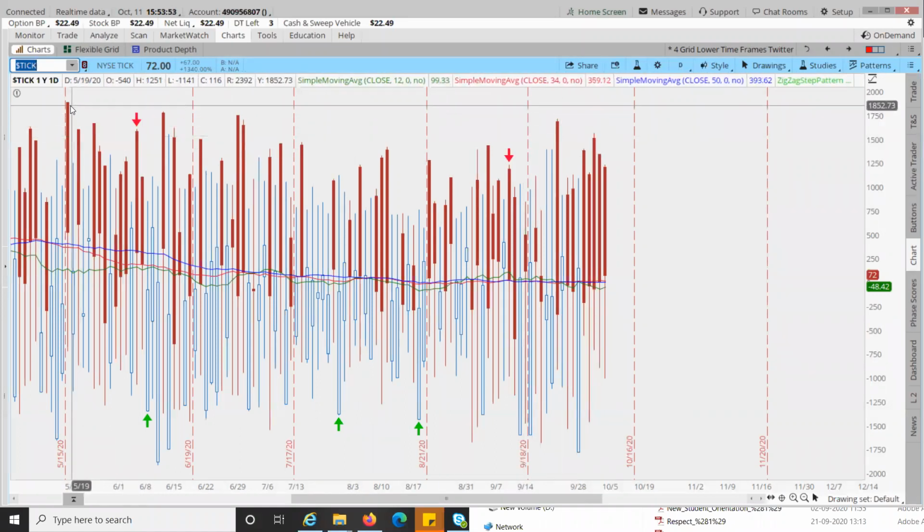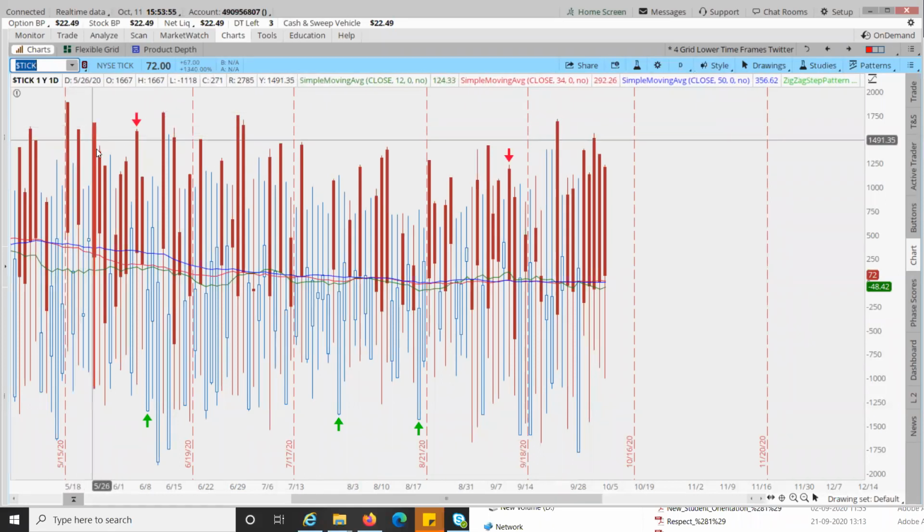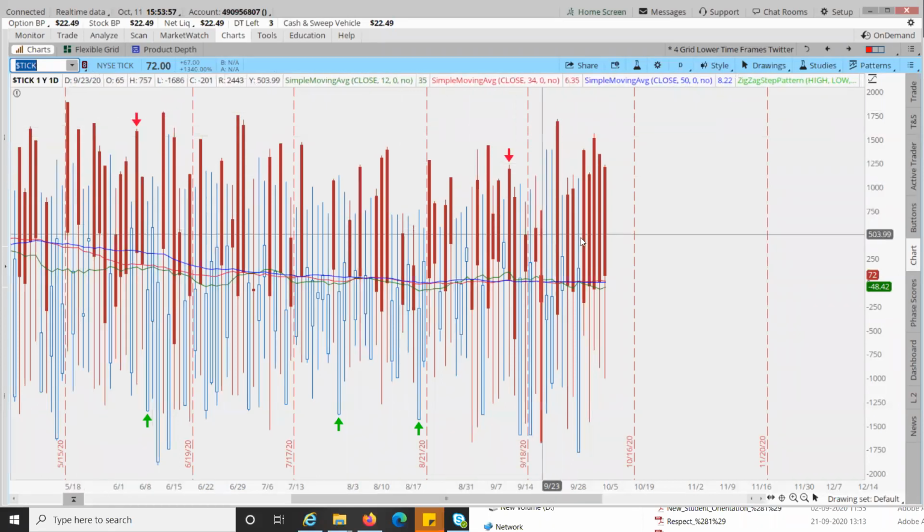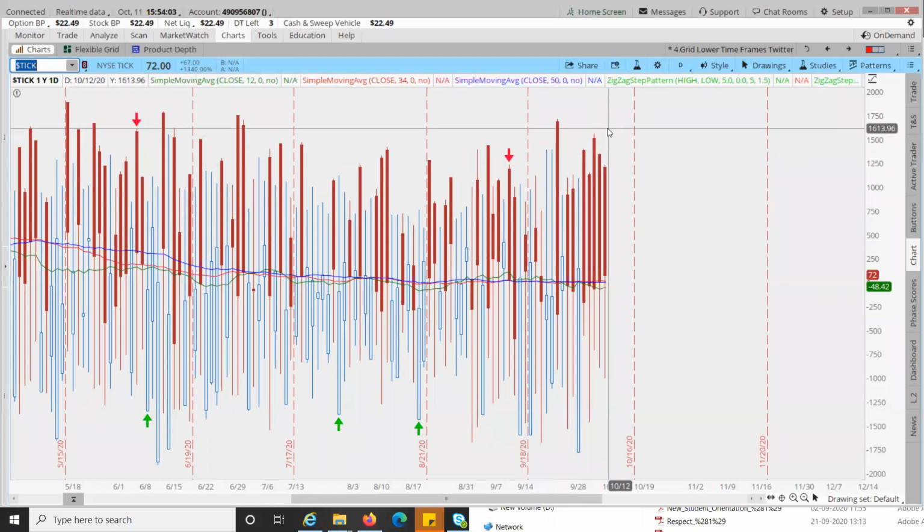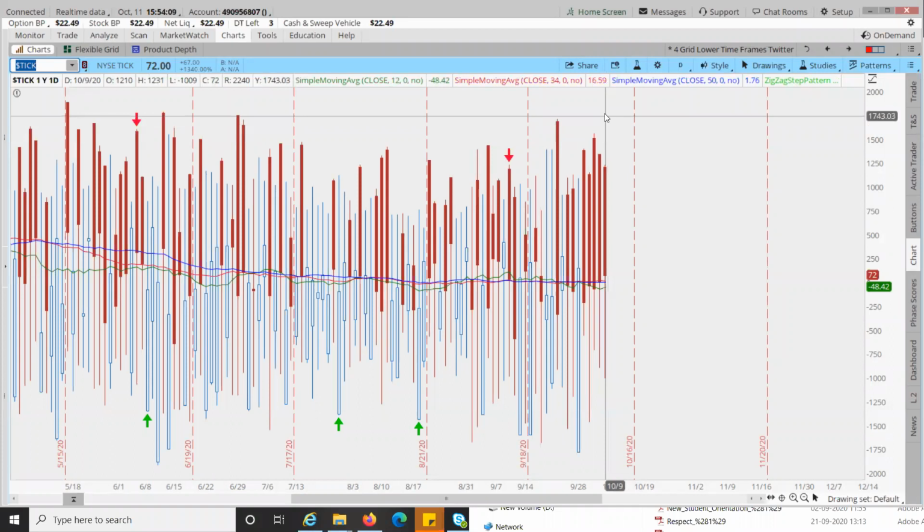Look here: every time it goes up, it has a tendency to go down. So it's a range. Right now you can buy here and wait for it to go to 1800, or you can short here and you'll be in a much better position. Every time it reaches about this range, in the next few candles it has to go down.